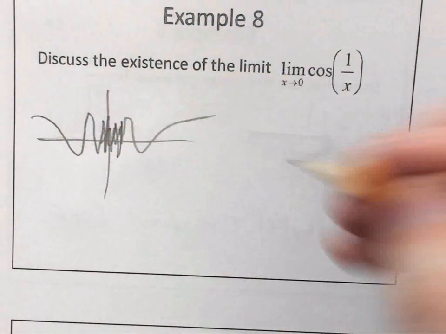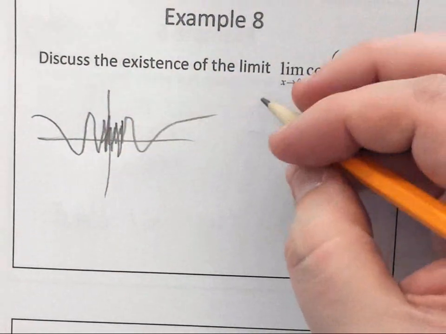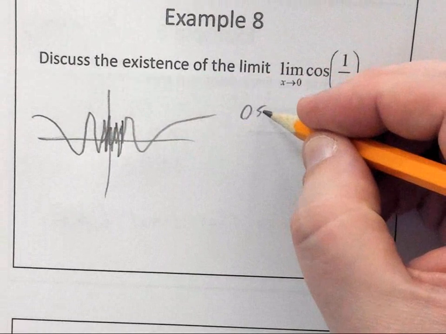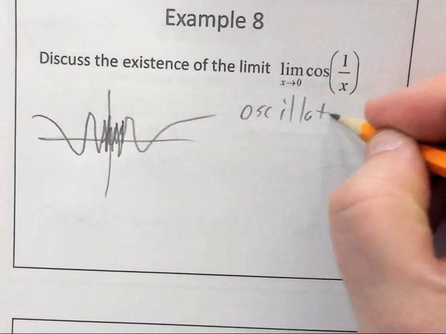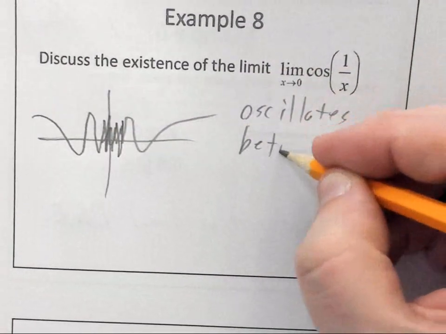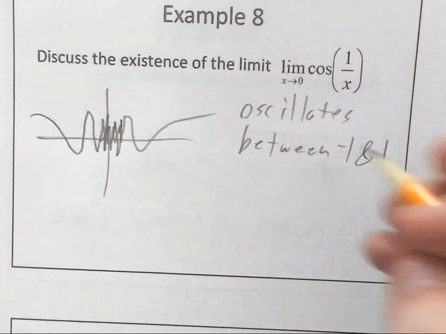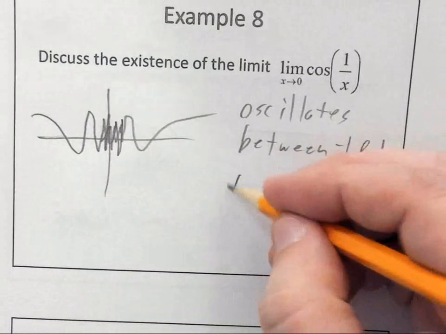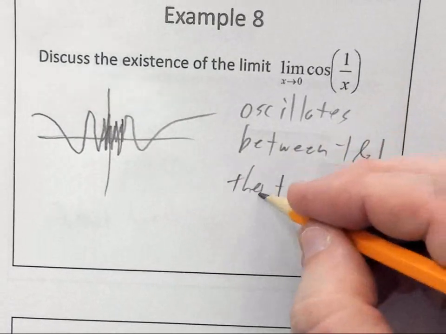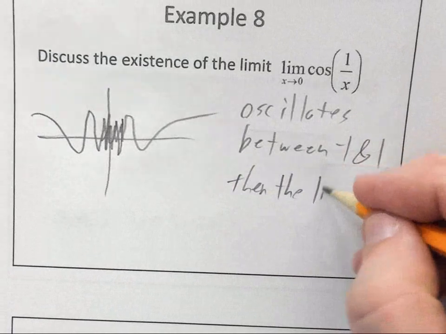Because this thing is oscillating between two values, then the limit does not exist.